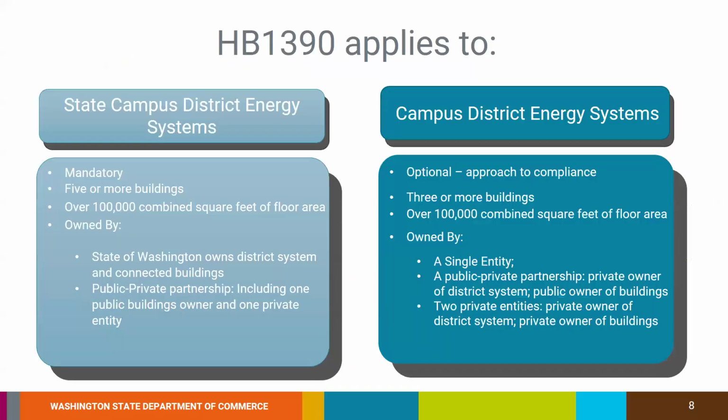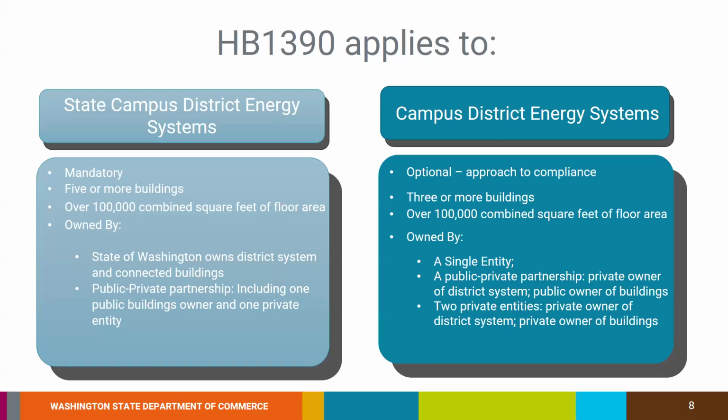Next slide, please. And as I mentioned before, these new rules apply to state campus district energy systems and campus district energy systems. One is mandatory, the other is optional.